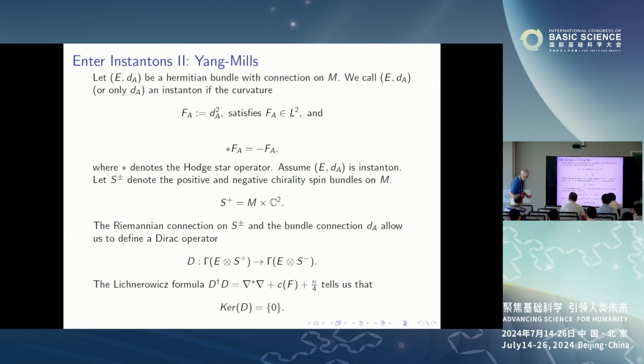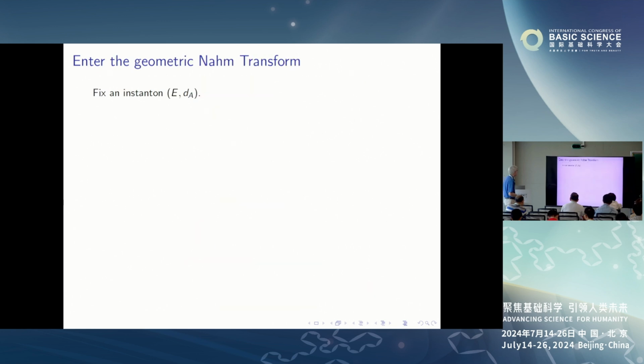Since we are Ricci flat, the scalar curvature is 0. So using that, it's easy to deduce that the curvature F term acts trivially on E tensor S plus. It's just a computation. And so from that, it's easy to deduce that the kernel of the Dirac operator is 0. So we'll need that fact again, and we'll see it again.